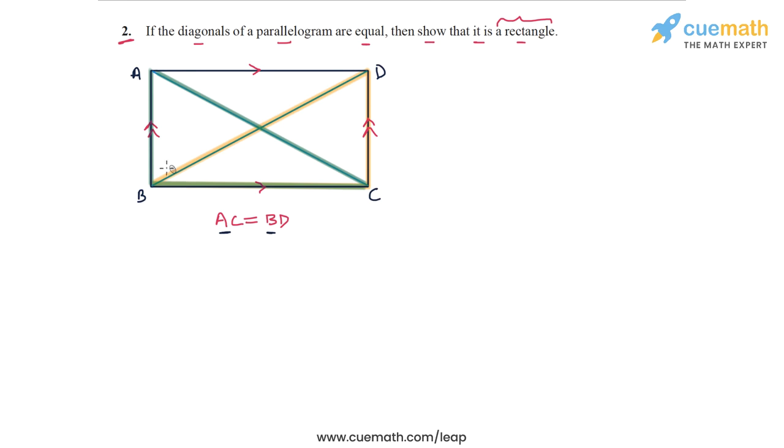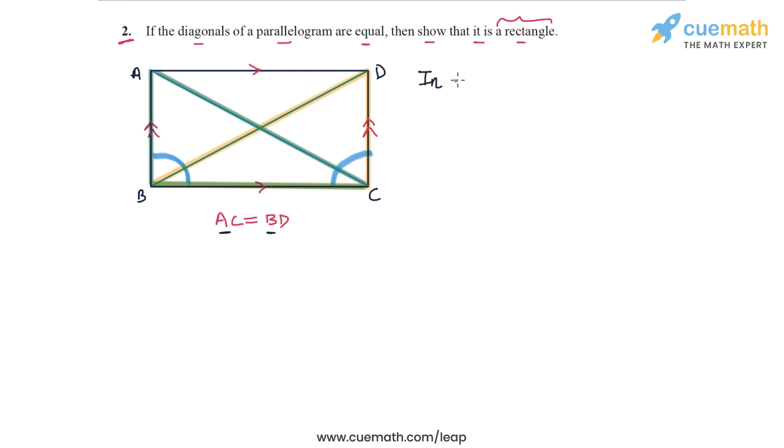And if they are congruent, then the angle at B, which is angle ABC, and the angle at C, which is angle DCB, these two must be equal. But they are also a pair of co-interior angles, and that will mean that both of them are 90 degrees, proving that ABCD is a rectangle. So this is the reasoning that we're going to use in this problem.